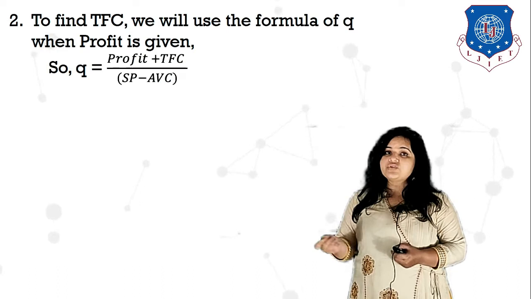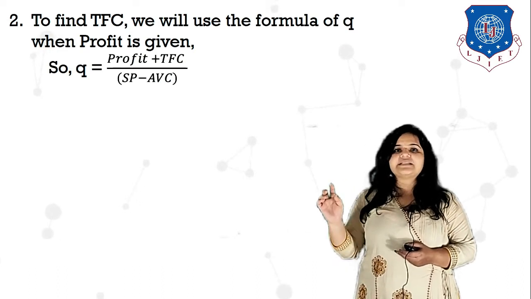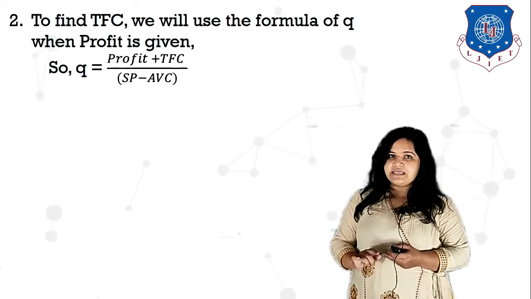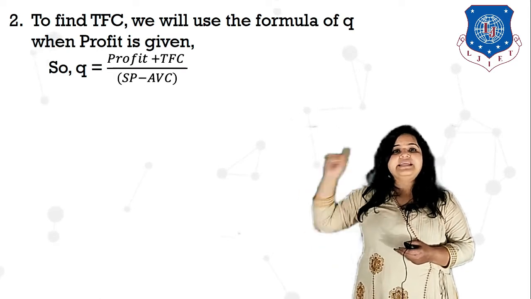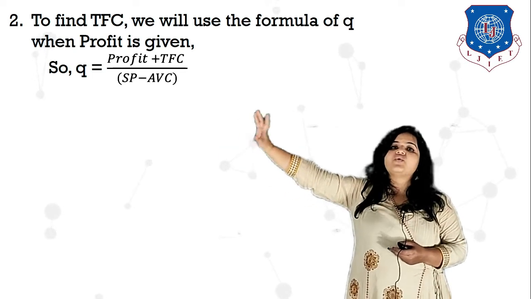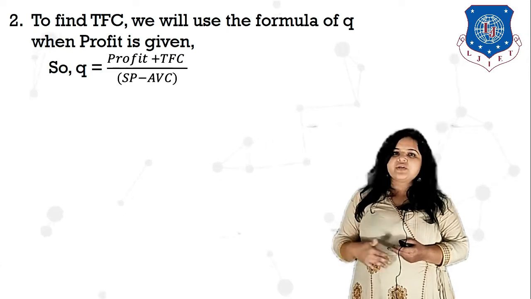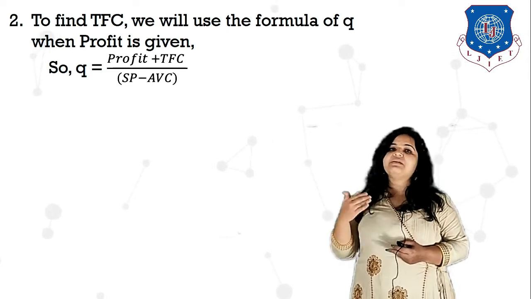We can use the formula Q is equal to profit plus TFC upon SP minus AVC to find TFC, because in this formula everything else is known except total fixed cost.